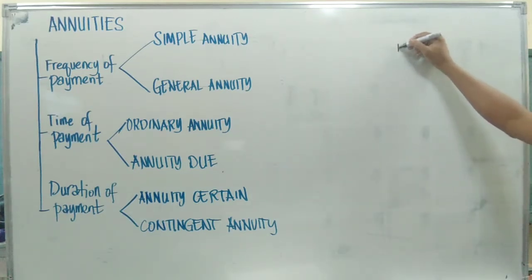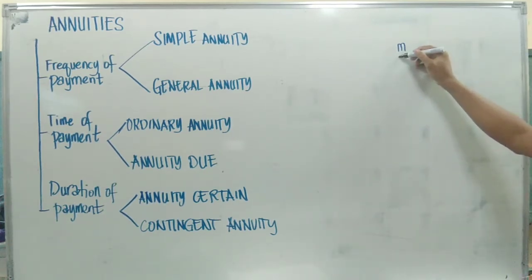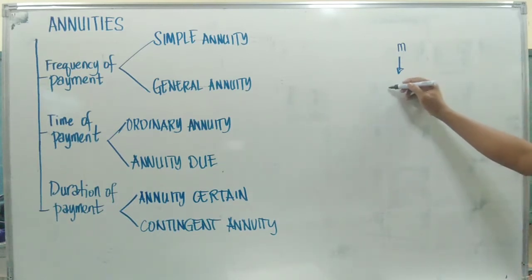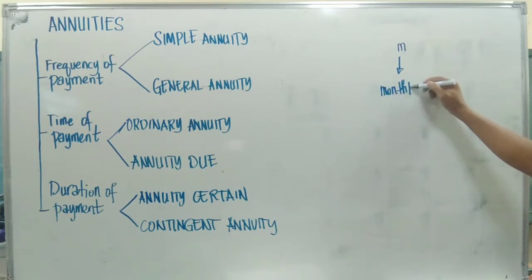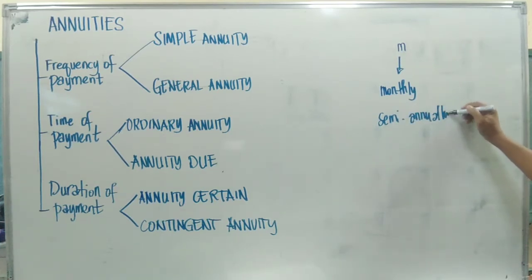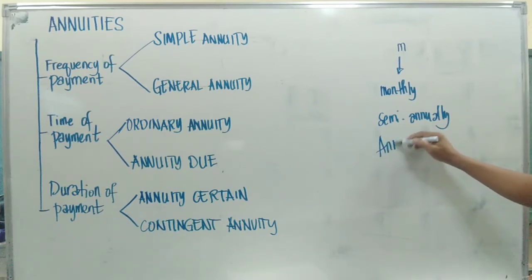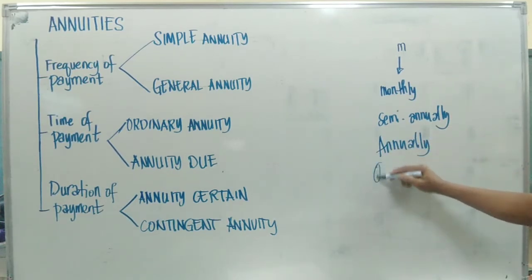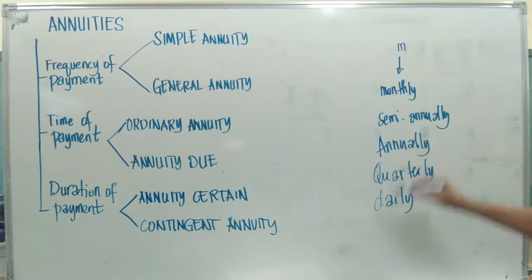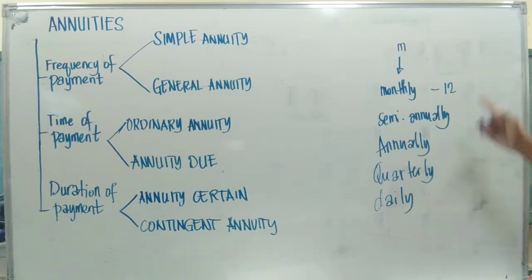Let's recall your M from your topics about simple and compound interest, or probably compound interest. M denotes the frequency of conversion period. So we have monthly, semi-annually, annually, quarterly, and daily.